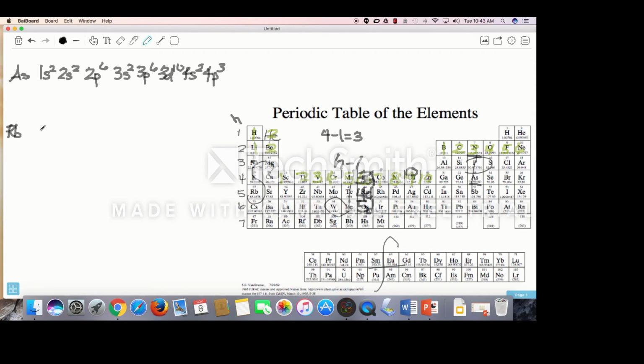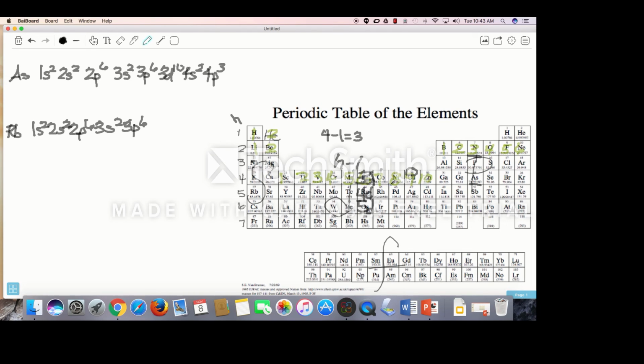So let's take a look at rubidium. We have 1s2, 2s2, 2p6, 3s2, 3p6. Now I'm in the D sublevel, so I know I have to do 4s.